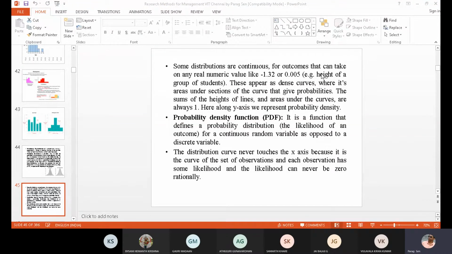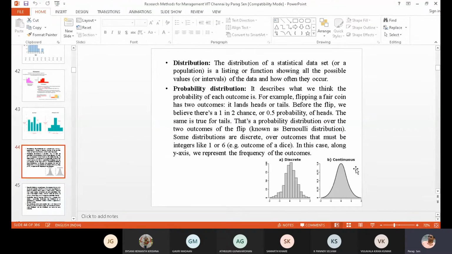These appear as dense curves, where the areas under sections of the curve give you the probabilities, and the sum of the heights of lines and areas under the curve is always 1. Hence, along the y-axis we represent probability density. So in a continuous distribution, along the y-axis we are representing the probability density.